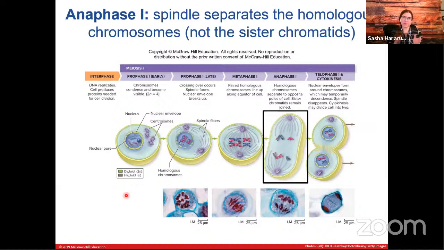After metaphase 1 comes anaphase 1, in which the chromosome pairs are pulled apart, the members of the pairs are pulled apart by the spindle fibers to the polar opposite sides of a cell, okay?